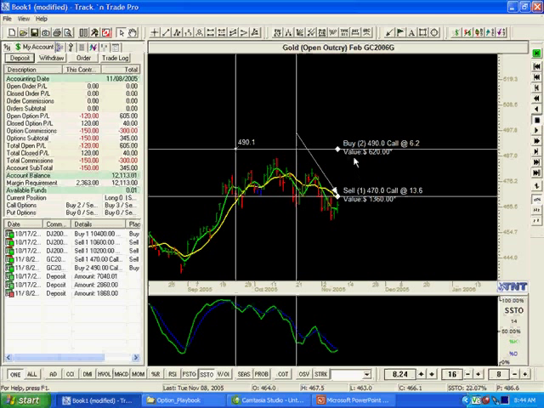As the market goes above 490, the extra long option, the extra 490 call, will start offsetting the amount of money made or lost on the 470 call. So that gives you an actual break even of 510.